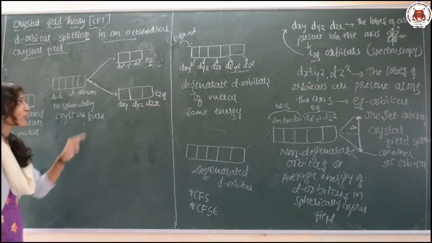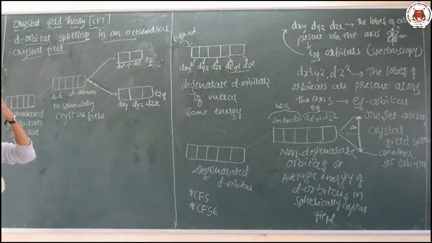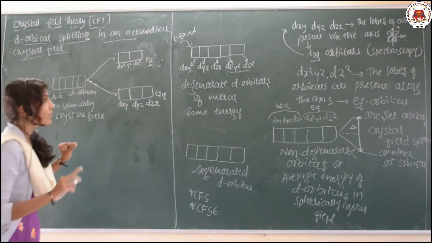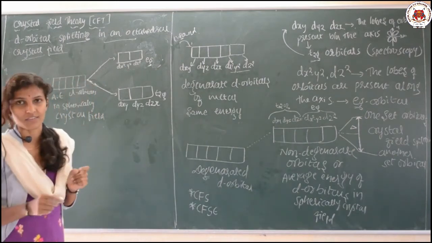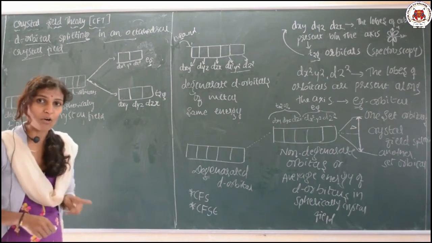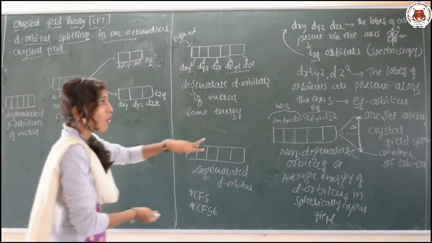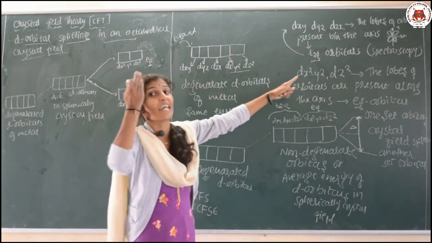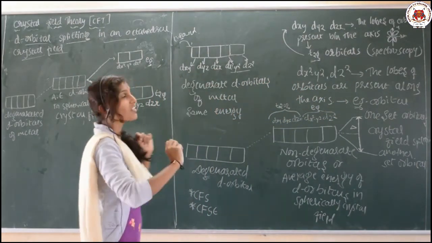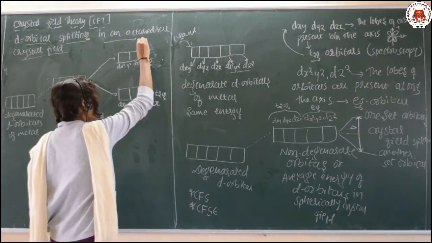In the case of the octahedral crystal field, the ligand approaches along the axis. So which orbital is lying along the axis? Eg. So that orbital is raised, and Eg comes on the upper side.